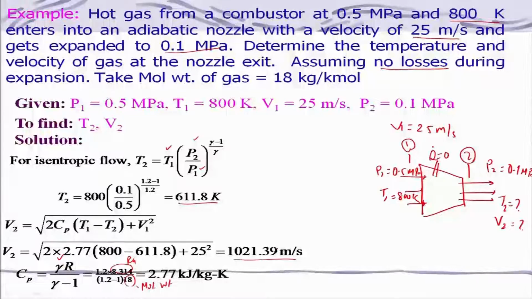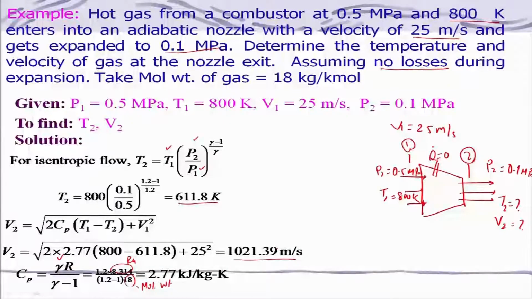Number 2 is that the velocity is very high. I did not mention that I have assumed the density at the inlet and the exit is the same when we talked about the mass conservation equation.